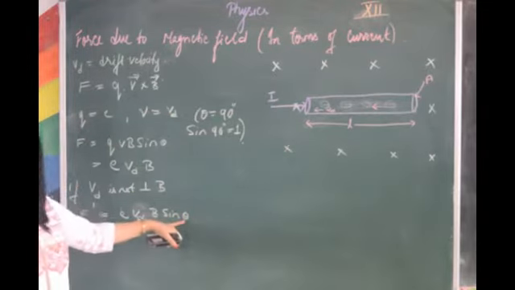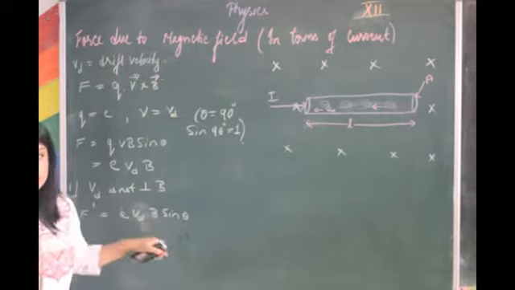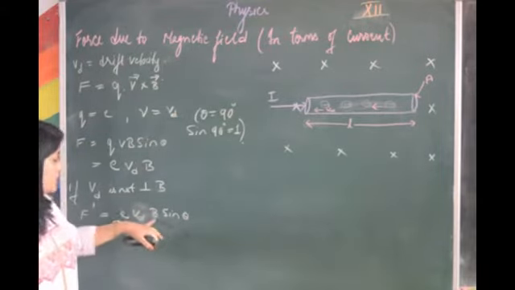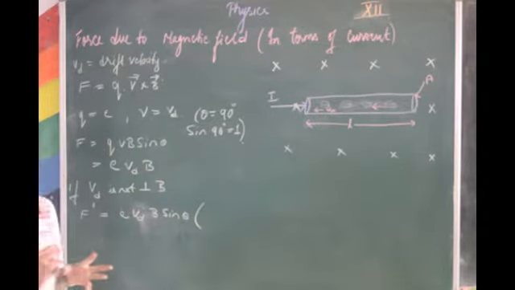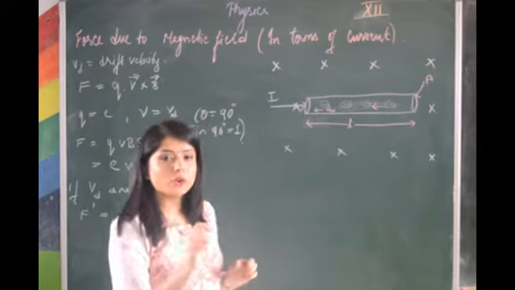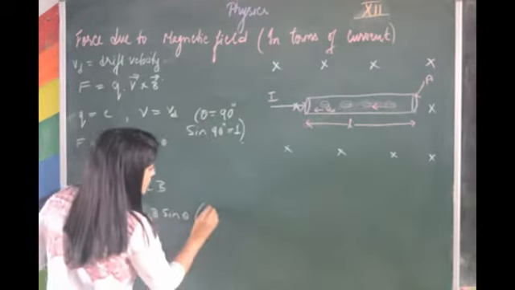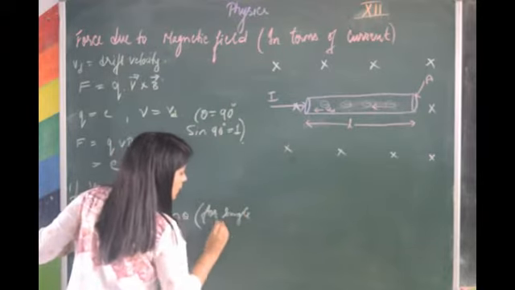Your theta will be the angle between velocity and B. If it is not 90 degrees, then it will have some angle, that is sine theta. F dash is the force exerted by one electron. Okay, it is the force on one electron. This is the equation for force for a single electron.